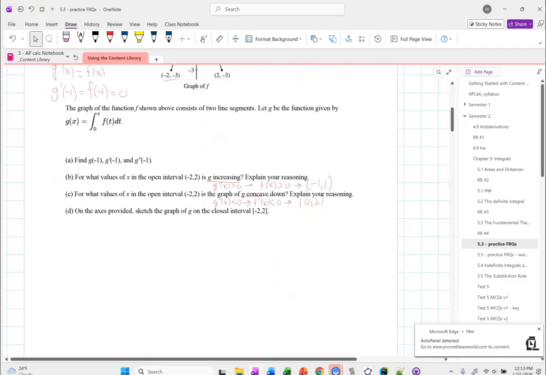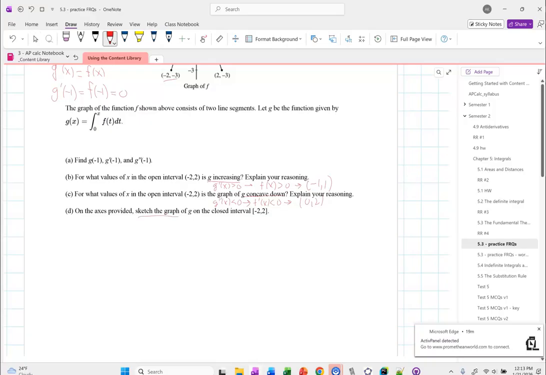All right. On the axis provided, sketch the graph of g on the closed interval -2 to 2. When it says sketch the graph, really what that means is the y-axis isn't important, so I'm not going to bother adding any labels there. Okay, so in summary, what do I know?